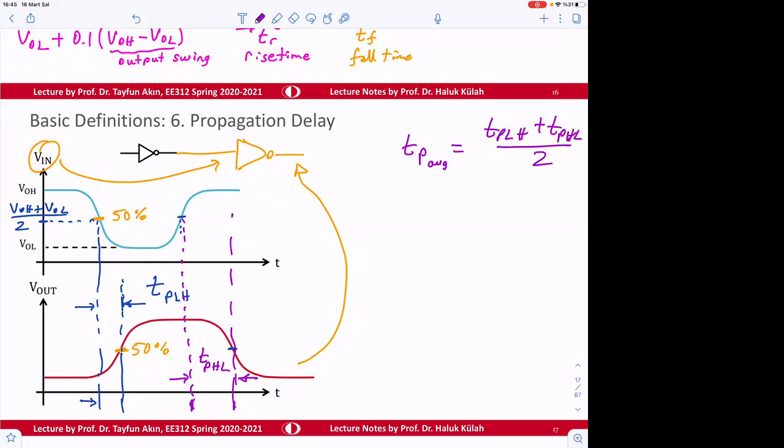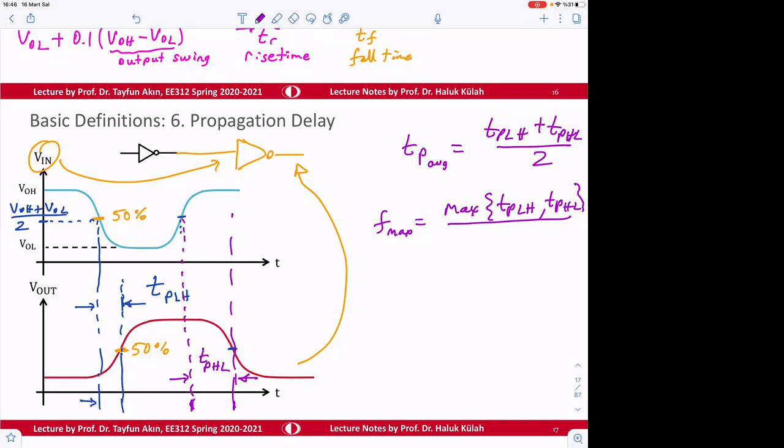But sometimes, in order to determine F max, you have to take the maximum of T propagation low to high and T propagation high to low. Okay.